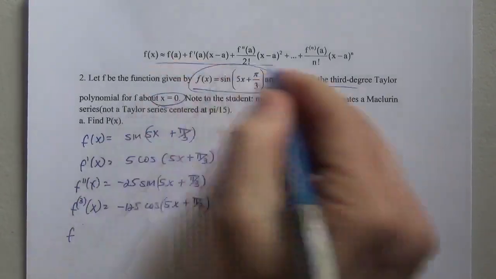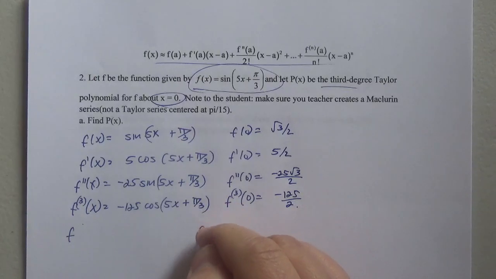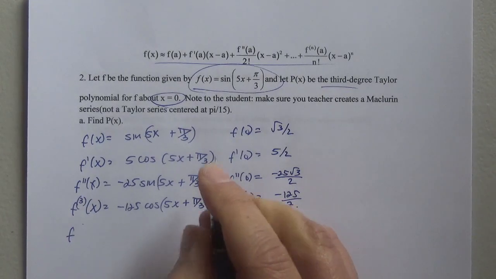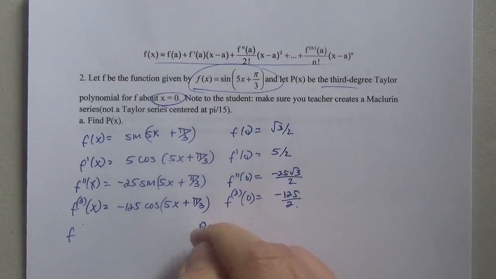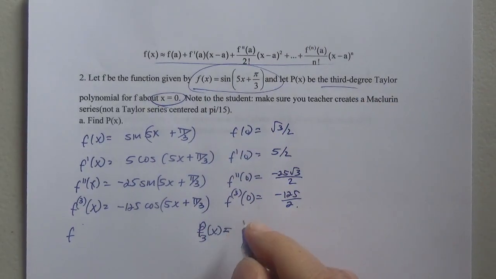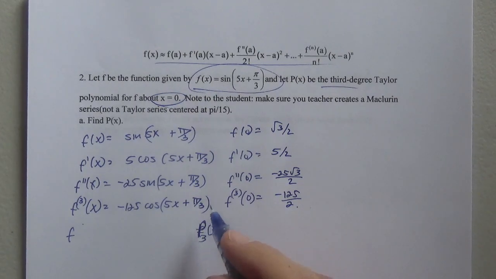Using my Taylor polynomial definition up here, I'll do p of x, where I'm going to a third degree, so p of 3. I just use this, sorry it's kind of messy here, just showing that it's a polynomial approximation of this sine function here.